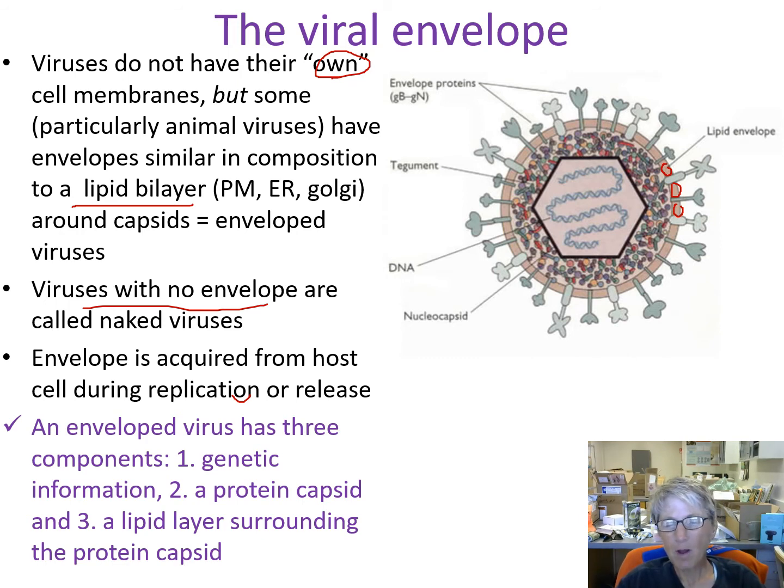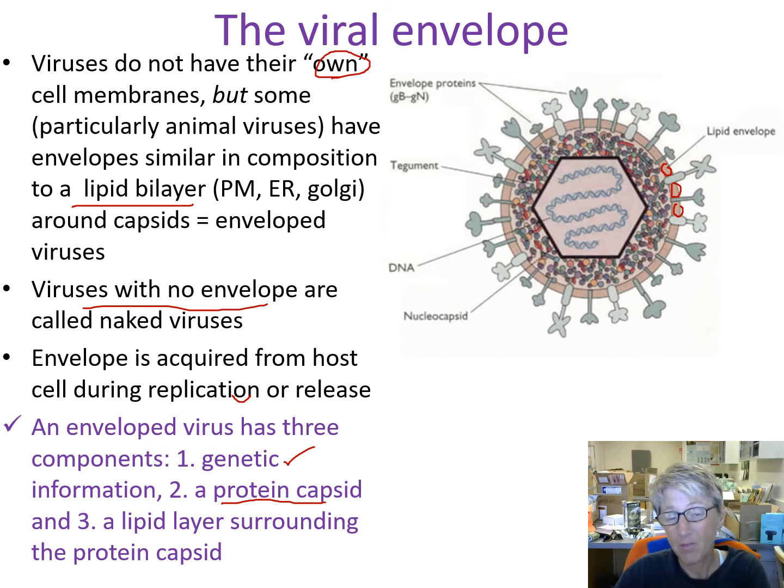So an enveloped virus then has three components. An enveloped virus has genetic information. Now remember, that comes in the form of a double-stranded or single-stranded RNA or DNA. So that would have that nucleic acid in it. An enveloped virus has a protein capsid. So that's the protein surrounding the virus.